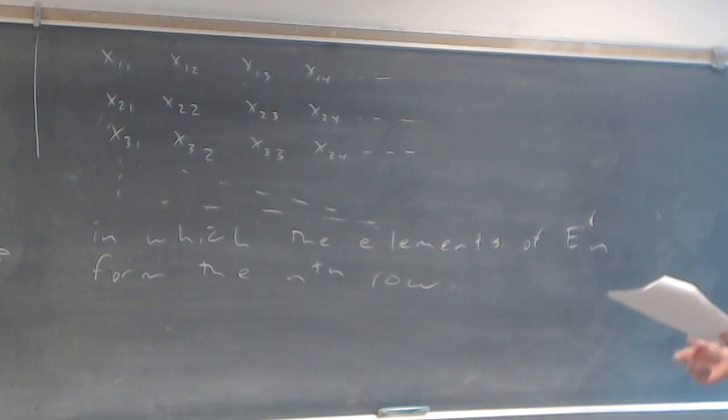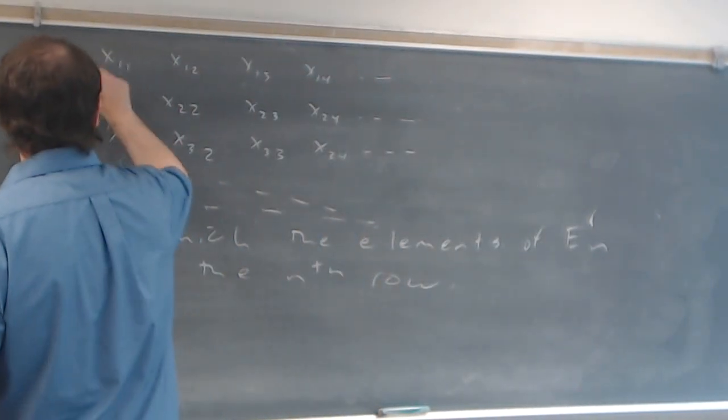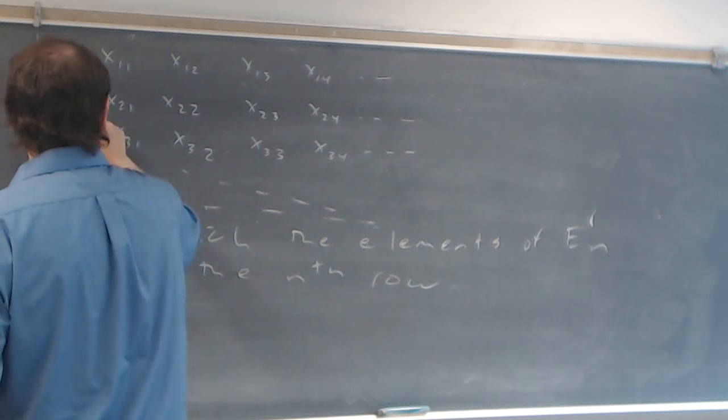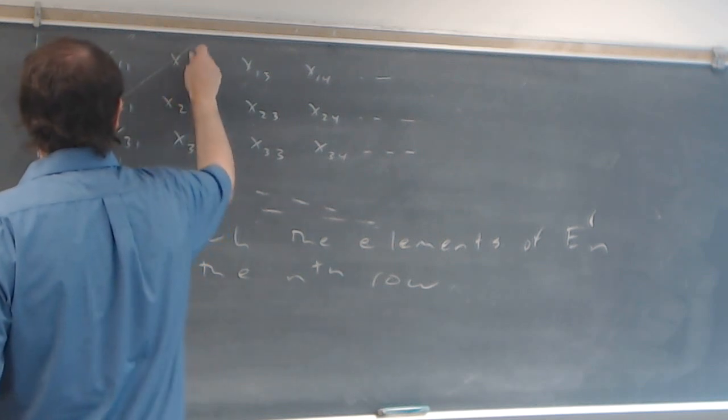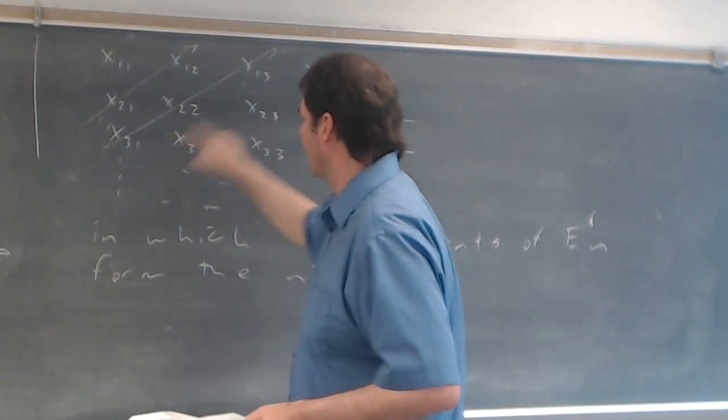Here's the way we count them. We count them diagonally. So this will be our first guy, this is our second, our third guy, here's our fourth, fifth, and sixth guy. So we count them in this diagonal pattern, with arrows going from left to right.